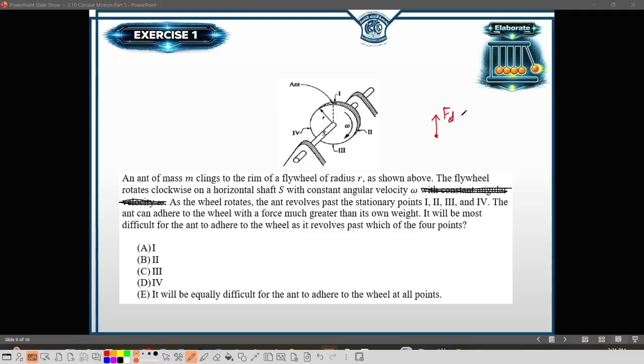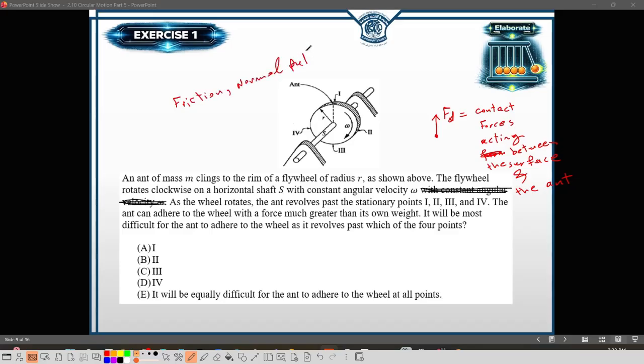Usually, the adhesion force consists of all contact forces acting between the surface and the ant or the object. In this case, the object is the ant. Now, at the surface of the wheel, the forces that interact between the ant and the wheel can be friction, generated by the surface, the normal push, and the force exerted by the ant on the surface.